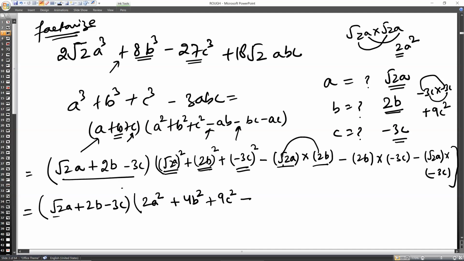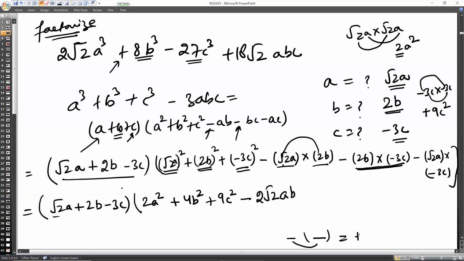So 2 into root 2, you will get 2 root 2 ab. Got it? Then here the answer will be positive. Why? Because this is the minus sign here and the product of these two is minus. So minus multiplied with another minus, you will get plus.